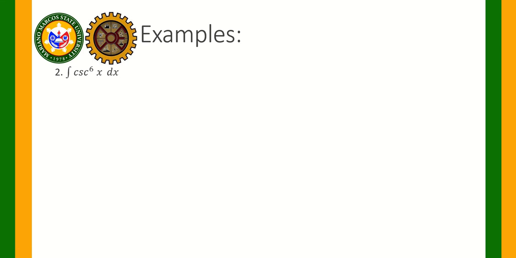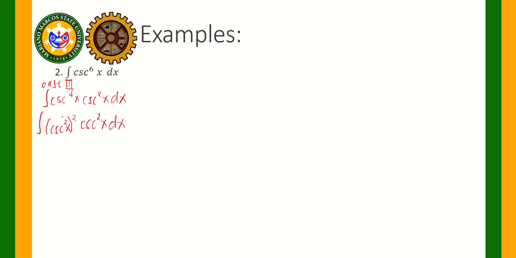So, in case number 3, we factor out 2 here. So, this will be equal to cosecant 4x times cosecant squared x dx. And from there, this will be equal to cosecant squared x quantity raised to 2 and cosecant squared x dx.